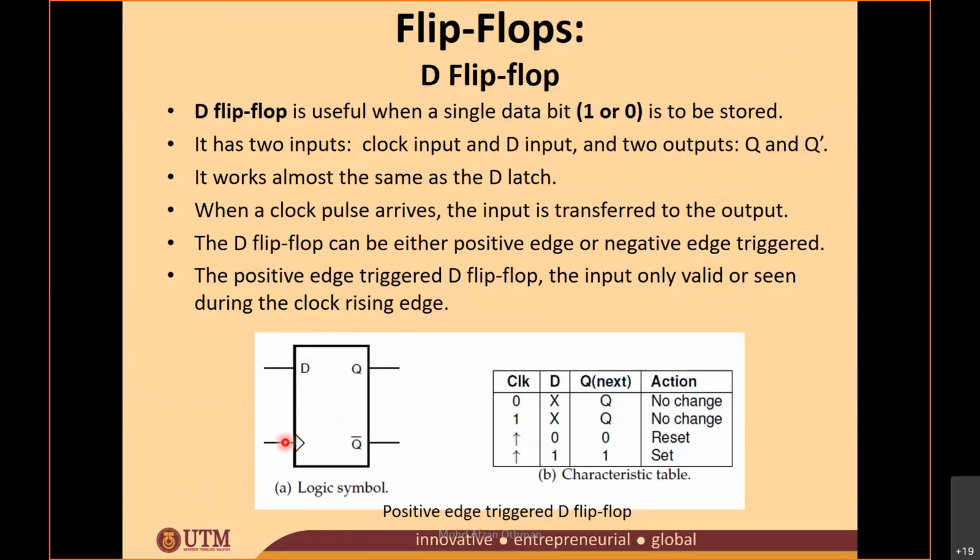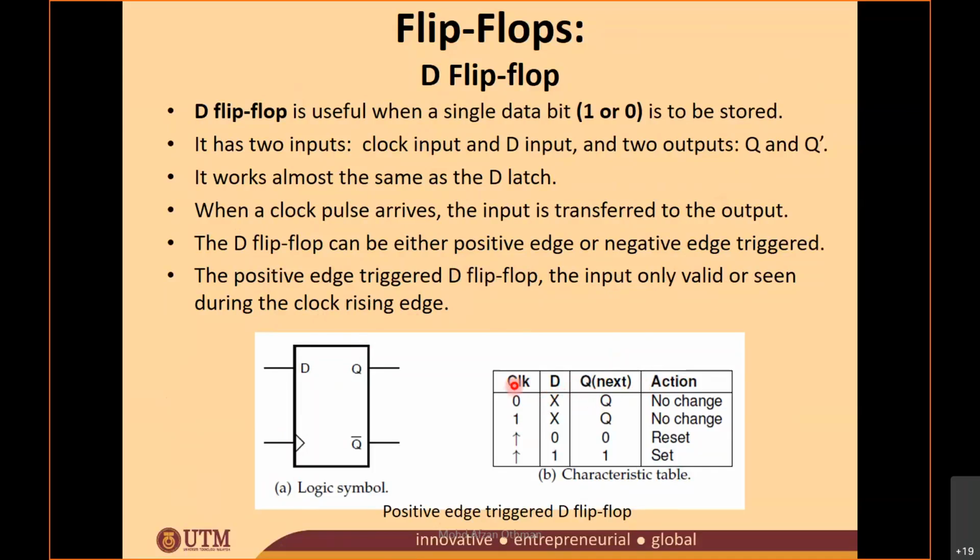Why positive edge? Because there is no bubble in front of the clock source. For the positive edge triggered D flip-flop, the input is only valid or seen during the clock rising edge. This is the truth table, or characteristic table, of the D flip-flop. When your clock is 0, regardless of D, whether D is 1 or 0, the output Q has no change.